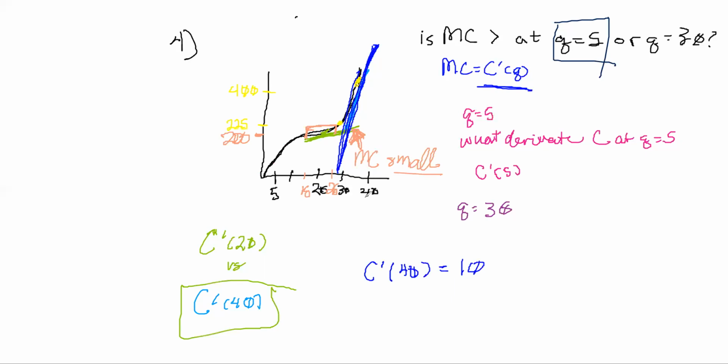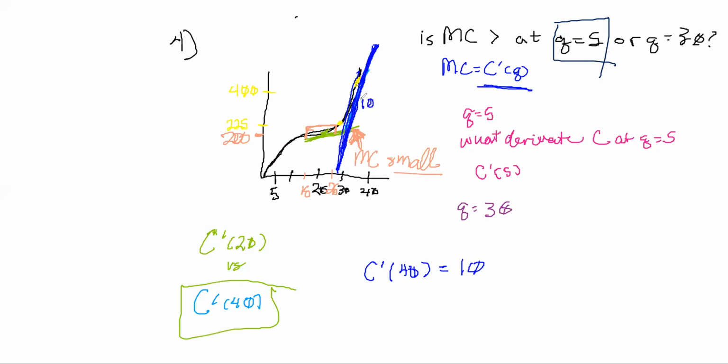That means that this line represents what would be happening if it costs $10 to make every item. So conceptually, it has a slope of 10.